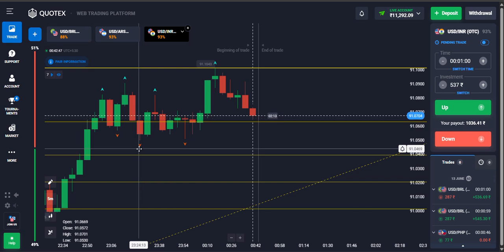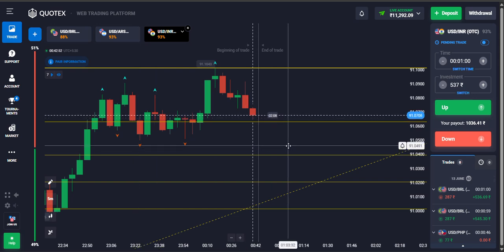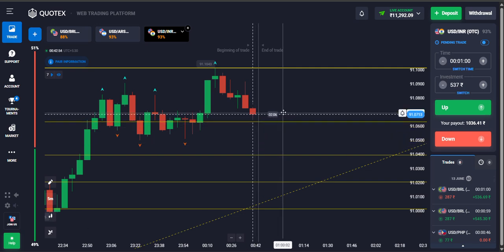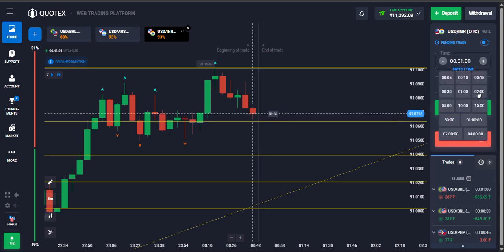So according to me, if in this next 2 minutes this support breaks down, I will take a 5 minute trade down.